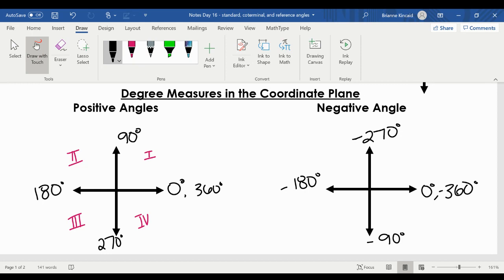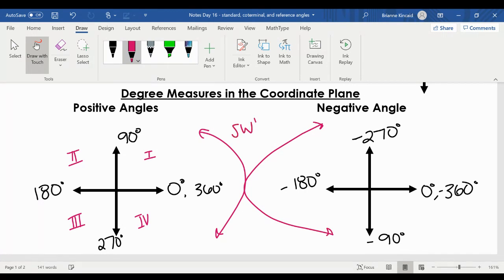Apart from the fact that you now have negatives, the big thing you should notice is 90 and 270 are switching each time. Everything else is in the same position except that it's negative. 90 and 270 are going to switch.